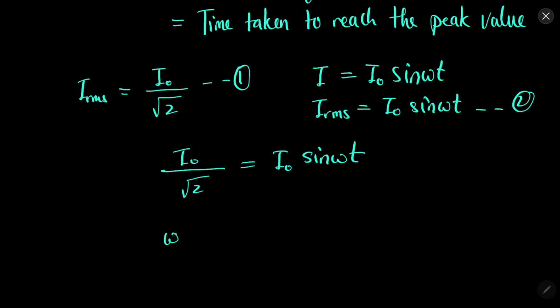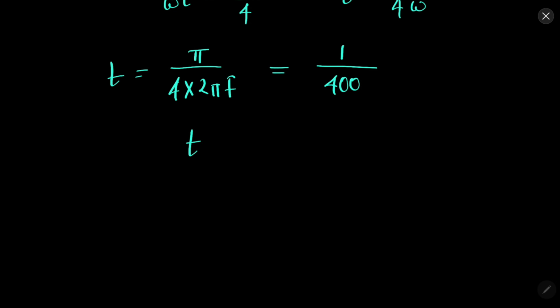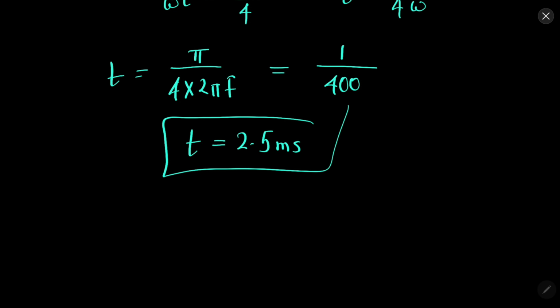So from here omega t will come out to be pi by 4, just like we did in the previous question. So t will be pi over 4 omega, which will be pi over 4 into 2 pi f, or 1 over 400. So time period will be 2.5 milliseconds.